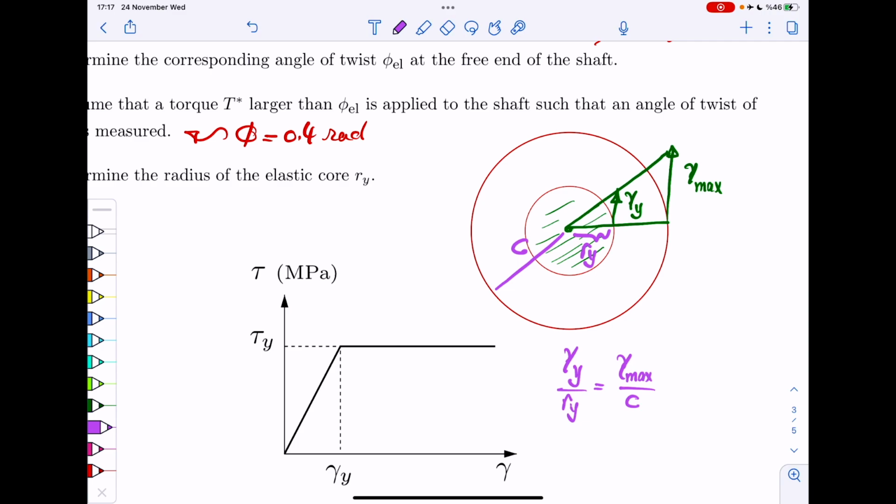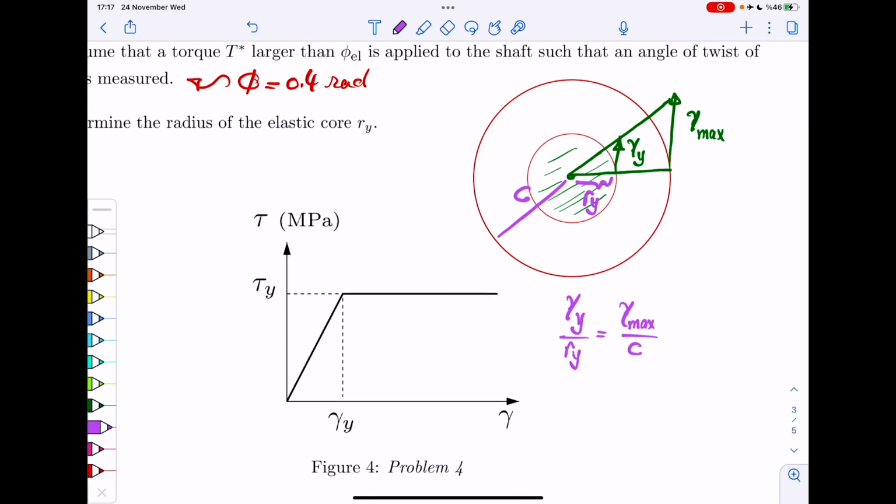So in this relationship, you know what gamma y is. We don't know what ry is. We want that. Well, we also know what c is.